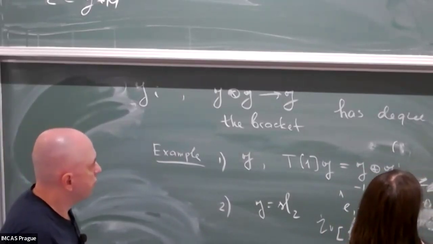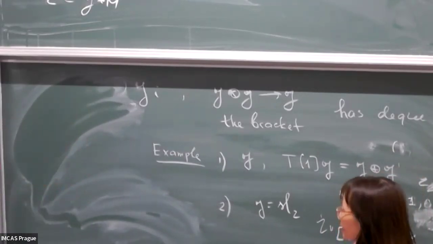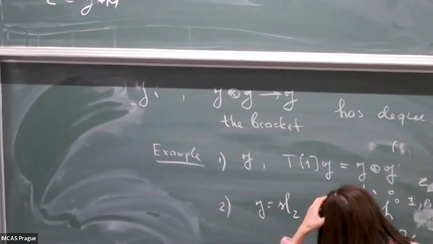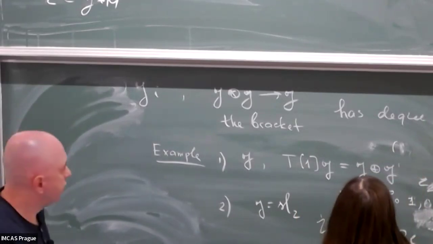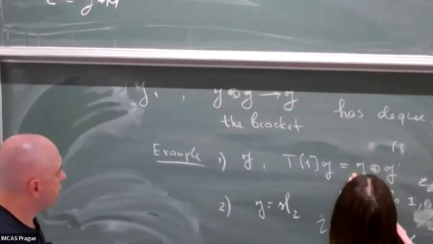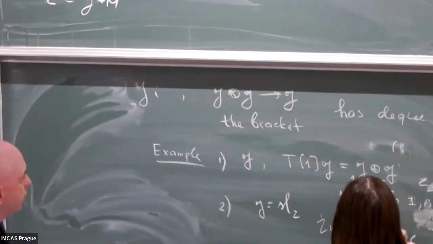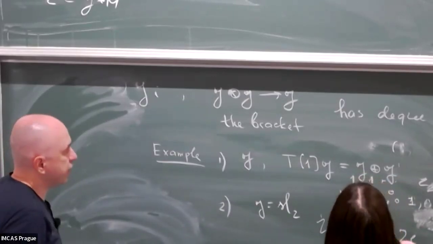But this 3, you mean really the cyclic? Are you sure? So E and F is H, but F and H is F. H and F is F, it's not E.